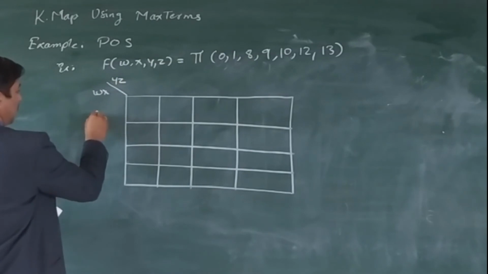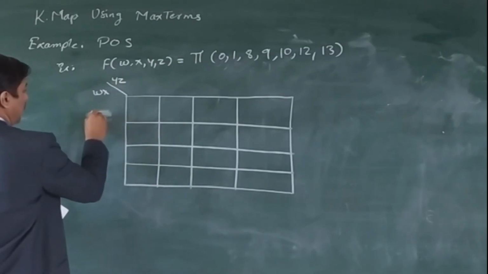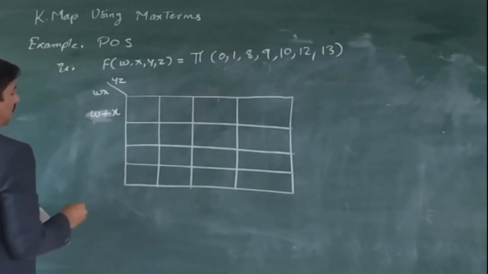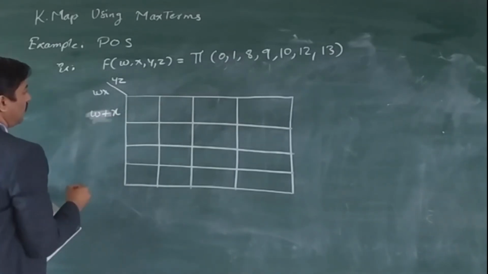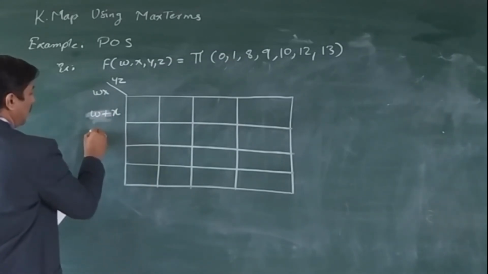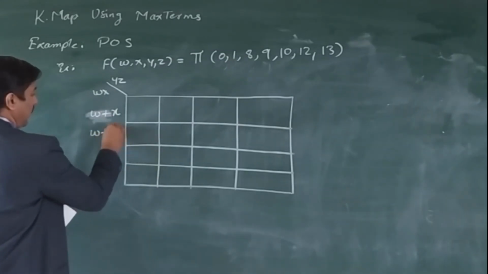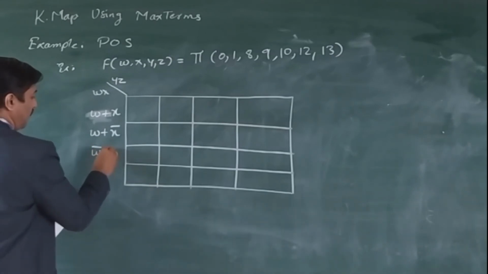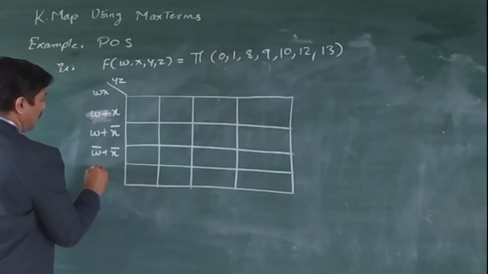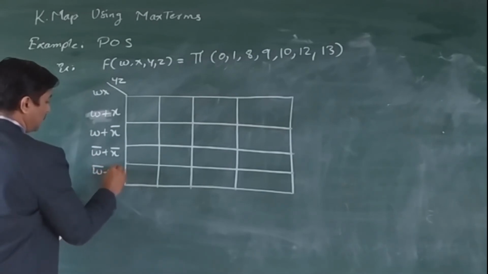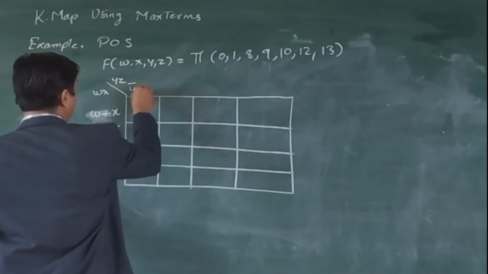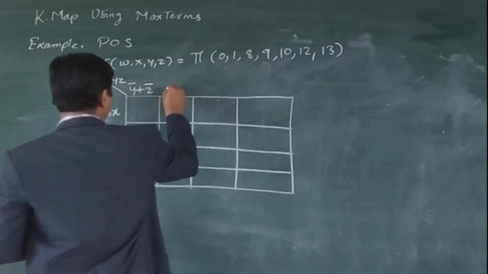So here what happens? Okay, W plus X. So A bar, B bar is W bar, X bar. Here what you have W plus X bar, W bar plus X bar, and here W bar plus X. Here it is Y bar plus Z bar.